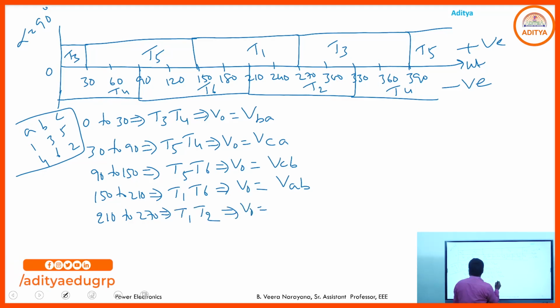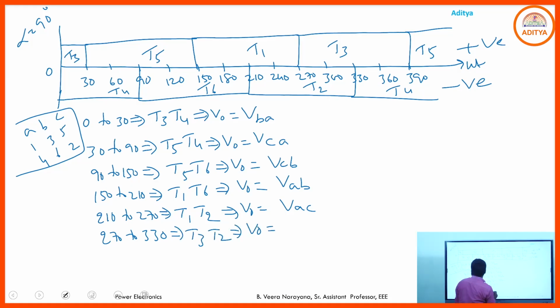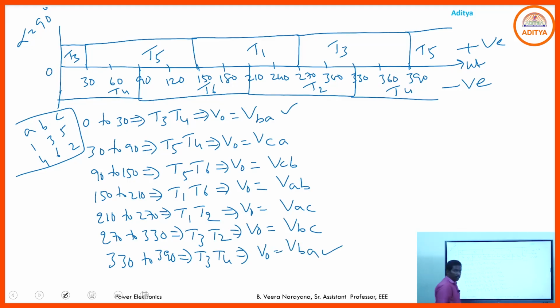Then V0 is equal to VAC. 270 to 330: T3, T2. Then V0 is equal to VBC. 330 to 390: T3, T4. V0 is equal to VBA. So where you start and end that portion, VBA. So these are the output voltages.